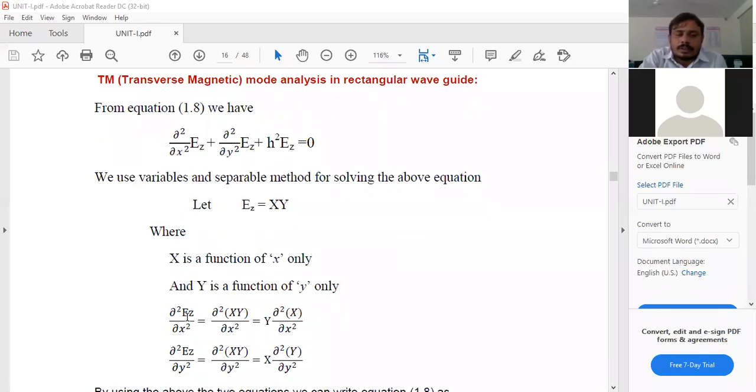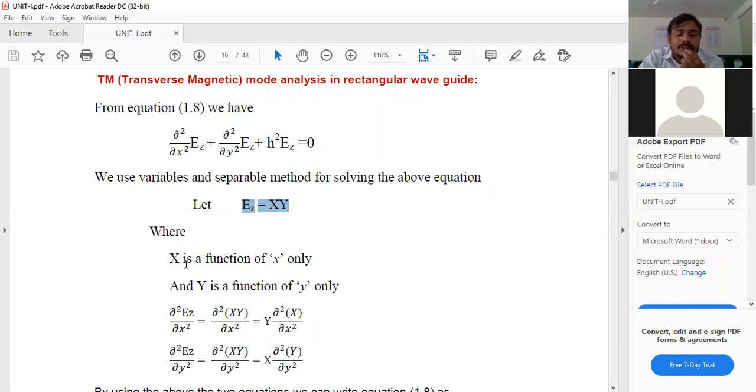Now I want to differentiate this. ∂²Ez/∂x²: I am going to differentiate in terms of x. Ez is equal to XY, so I am substituting XY here. ∂²(XY)/∂x².